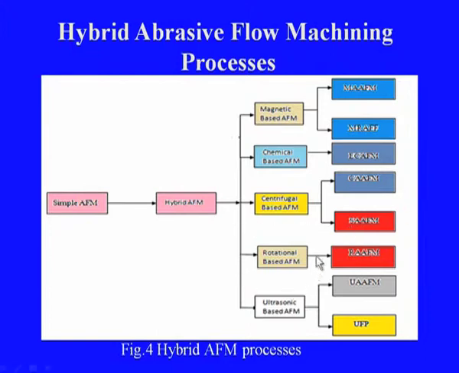Then another hybridization is rotational based AFM, where rotation assisted abrasive flow machining is one of the hybridizations. Then ultrasonic based AFM, in which ultrasonic effect is being added to enhance the performance of the normal abrasive flow machining process. The two variants are ultrasonic flow polishing and ultrasonic assisted abrasive flow machining.